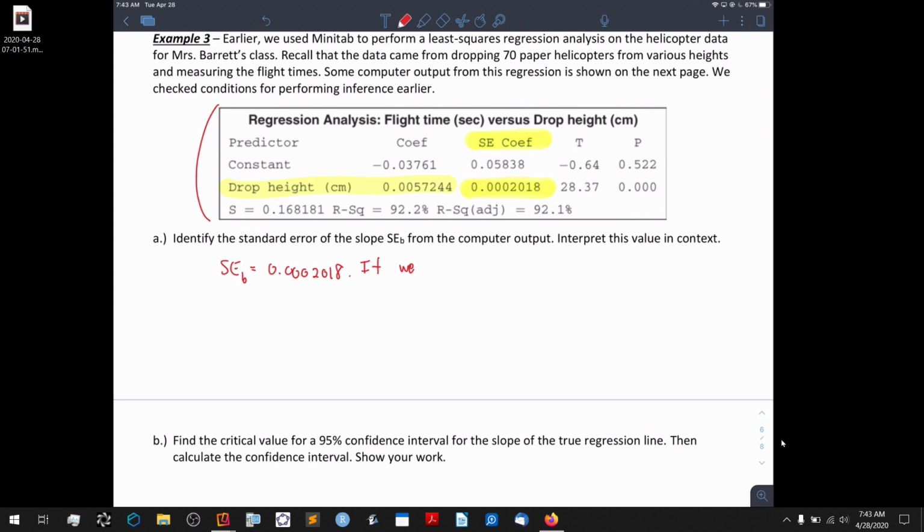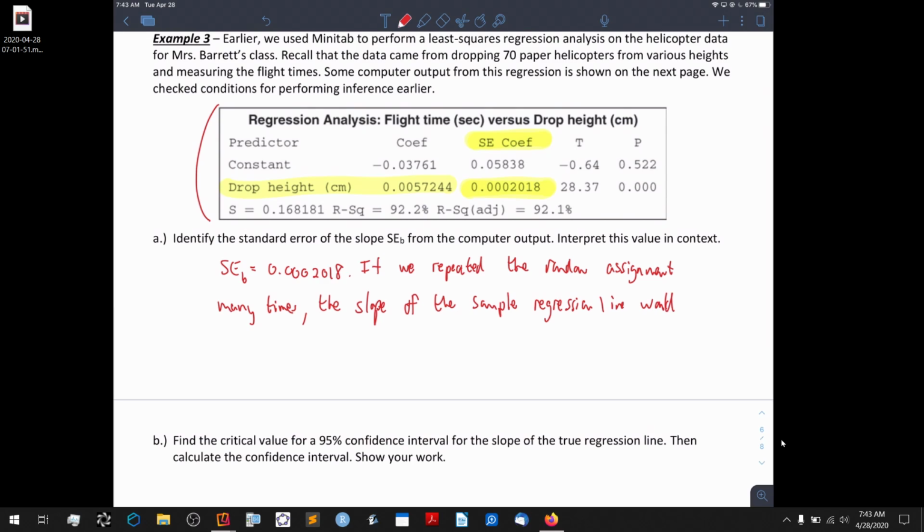Okay, if we repeated the random assignment many times, in other words, if we repeated the whole experiment many times, the slope of the sample regression line would typically vary, or on average vary, by about 0.00020018 from the slope of the true regression line.